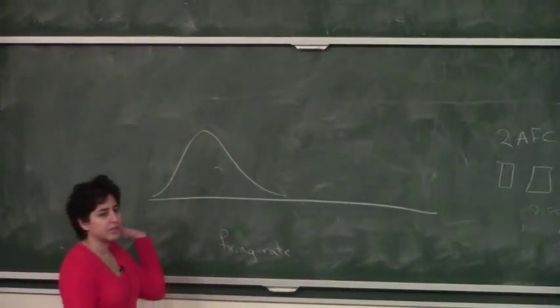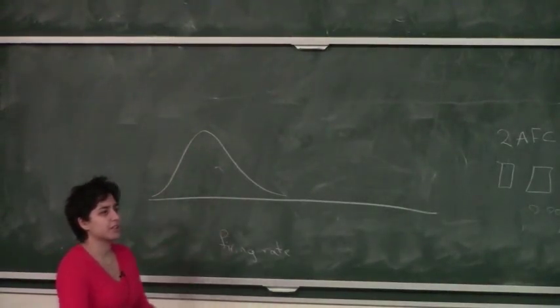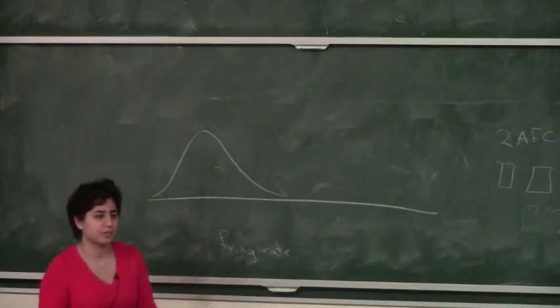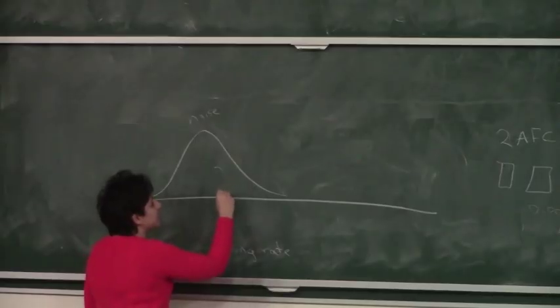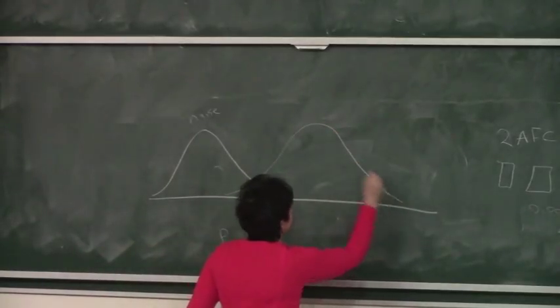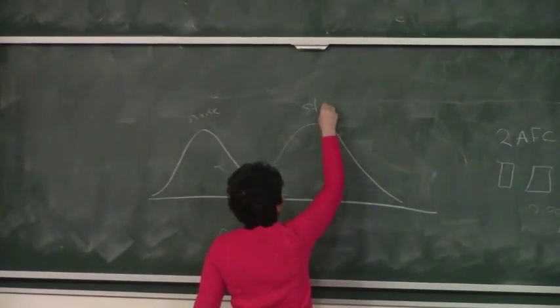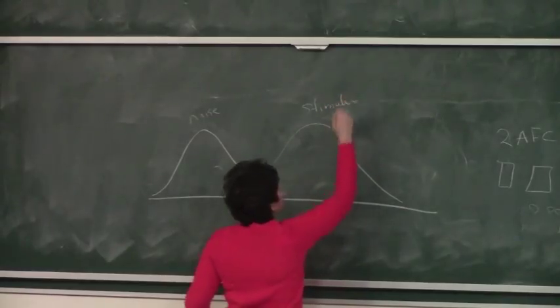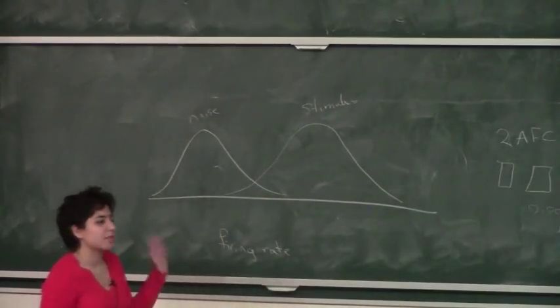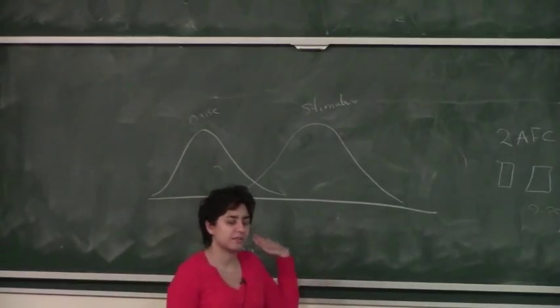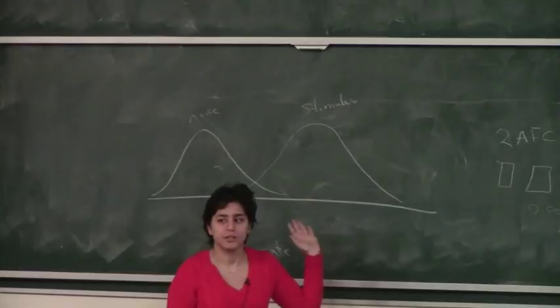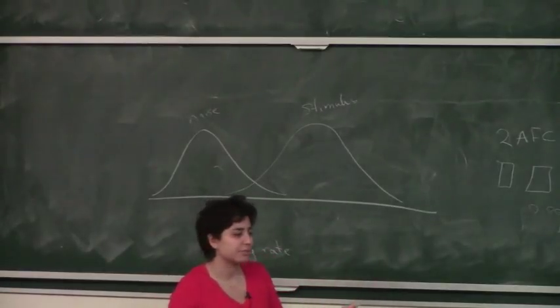So you can think of the noise as how much they're firing just in the resting stage when there is no stimulus present. And then there is the stimulus, which is going to be shifted to the right because we're going to think in this case that we're increasing our firing rate in the presence of a stimulus.